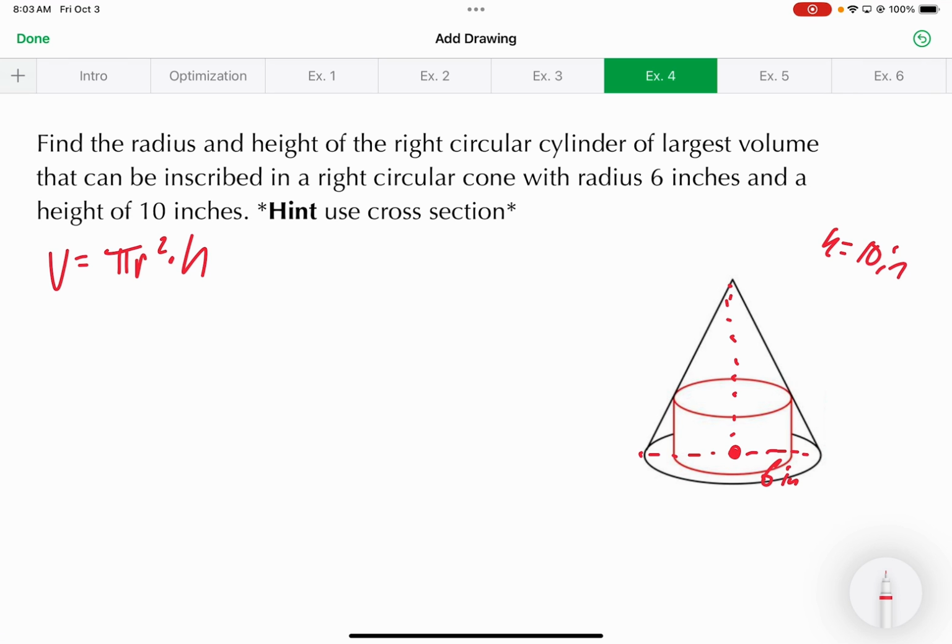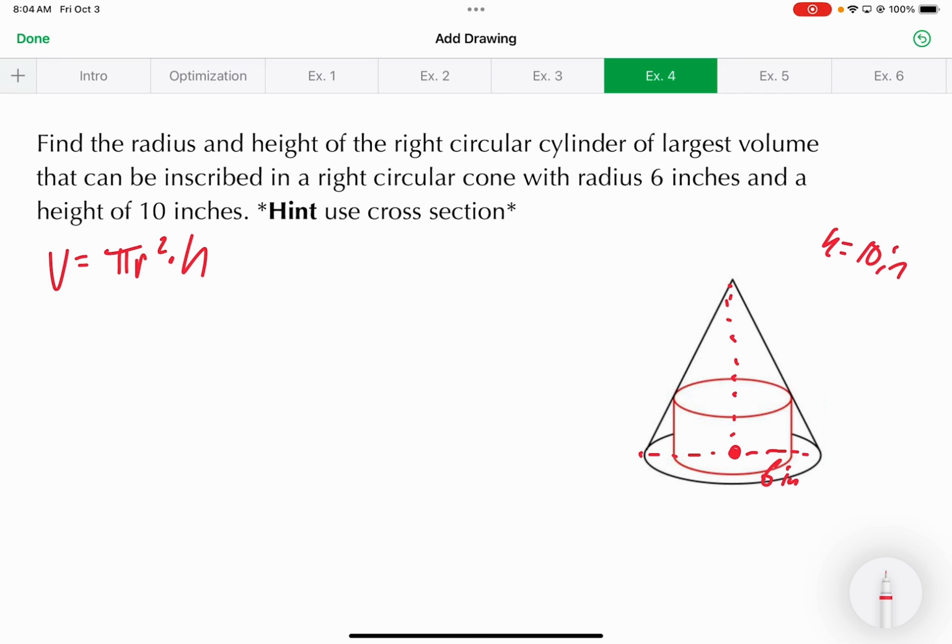We want to come up with some sort of volume formula, but it's in terms of 2 variables here, both radius and height. So if I go to take the derivative of this, I have 2 different variables. I need to get it as a function in terms of 1 variable in order for me to find this derivative, okay?